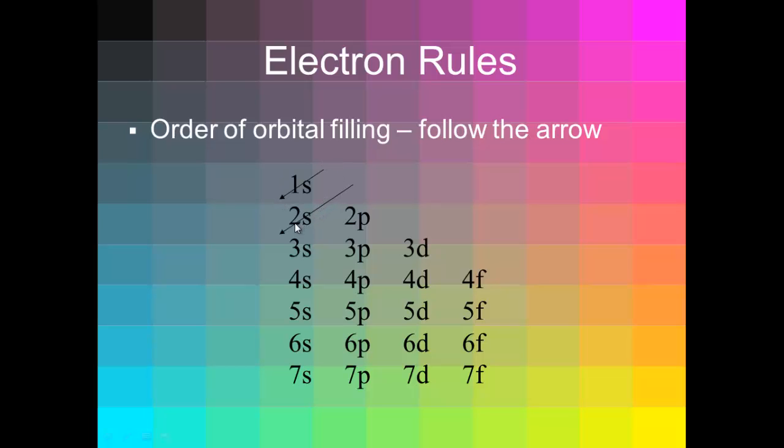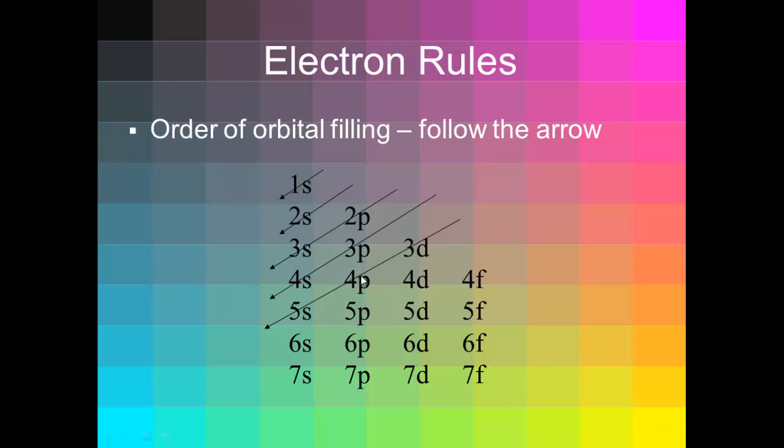Then comes the 2s, then the 2p, then the 3s, then the 3p, and the 4s. And here's the first spot where things go out of order, where we wouldn't expect this order. The 4s fills before the 3d because the 3d has those flower petals that stick out from the nucleus further than the sphere of the 4s.